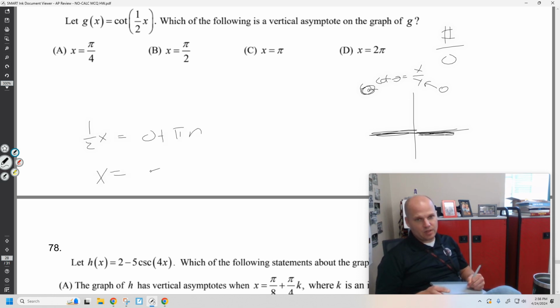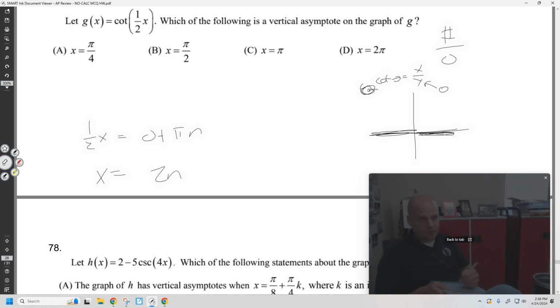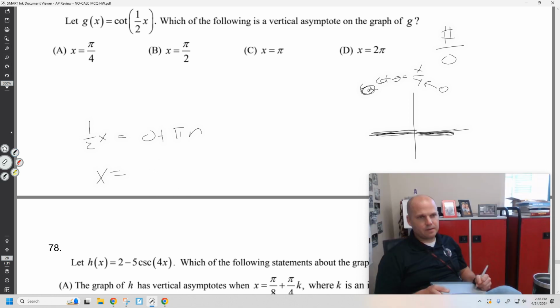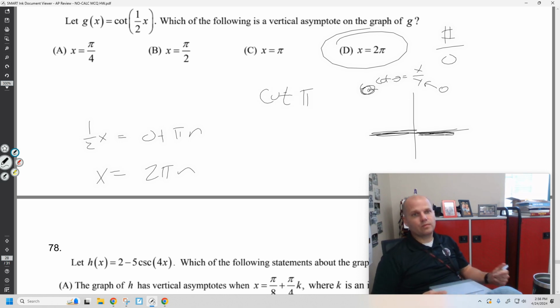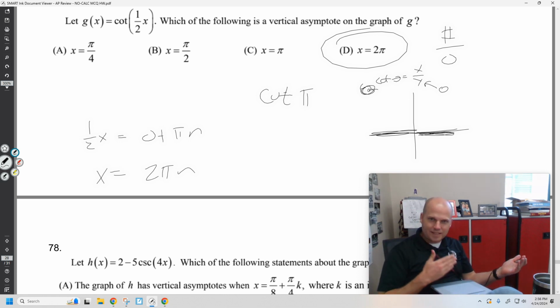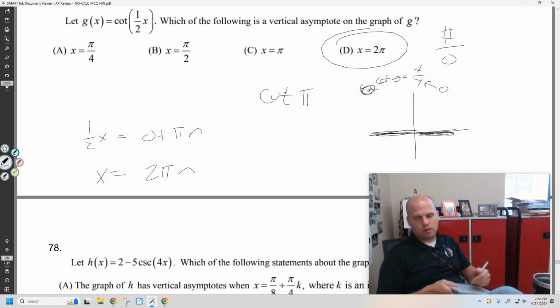Multiply everything by 2, and we get multiples of 2 pi n. Or just plug in all four of them, of course. One of them will give you the cotangent of one of these horizontals. And boom, adjacent is -1, opposite is 0. The horizontal divided by the vertical.